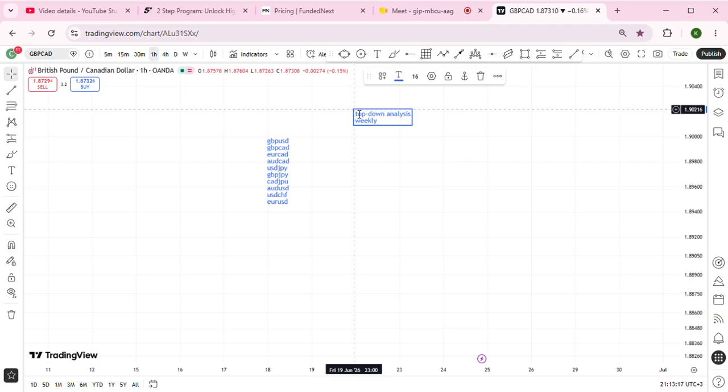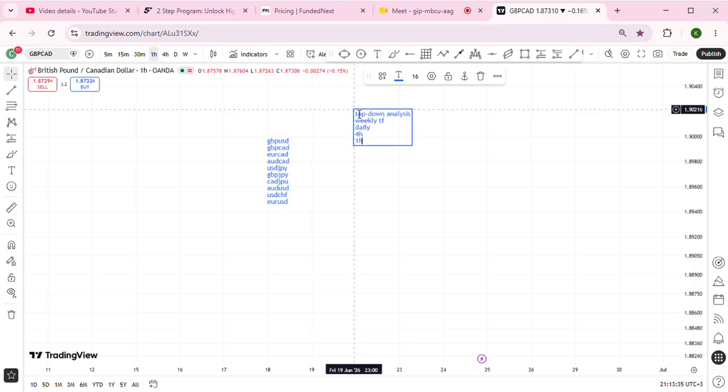TF stands for time frame, so weekly TF. After weekly we come to daily. After daily we go to 4 hours, then we go to 1 hour.